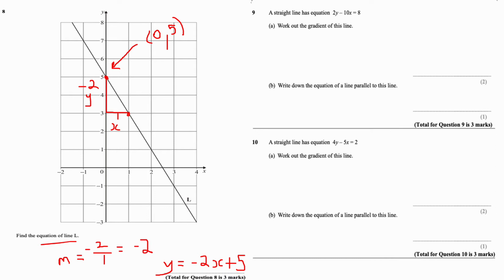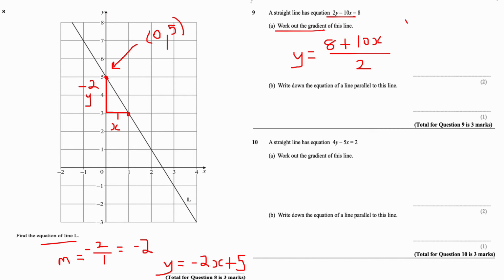Okay, this is question number 9, guys. A straight line has the equation 2y minus 10x equals 8. Part A, work out the gradient of the line while rearranging it in the form y equals mx plus c. So adding 10x to both sides, and then dividing it by 2, then we can start to simplify this here.